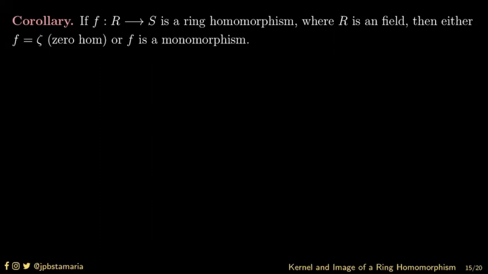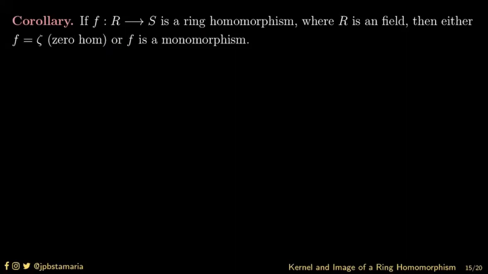Either, ano daw, si F ay yung zero homomorphism, or si F ay monomorphism. Aha. Para sinasabi nito, basta ang domain daw ay field, hindi masyadong marami yung homomorphism na pwede natin gawin. No?